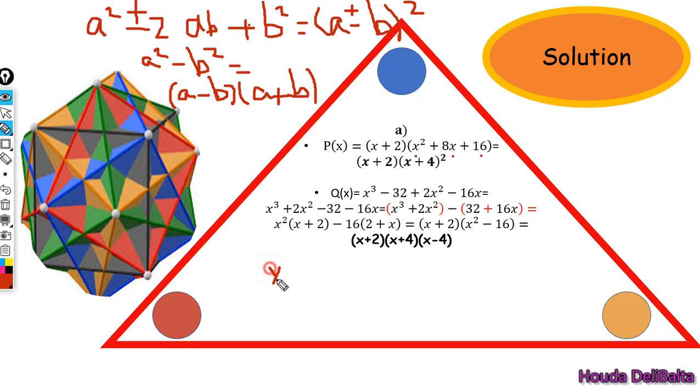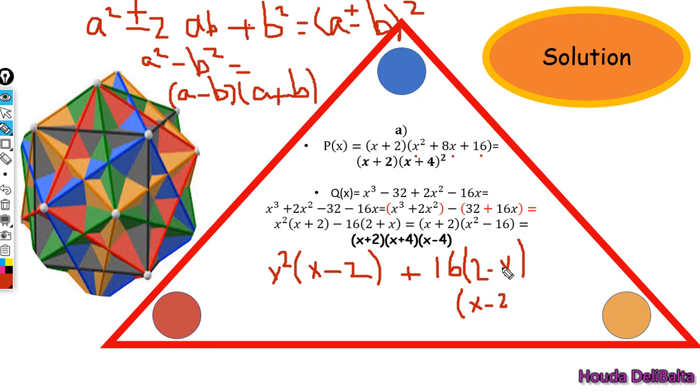Now let me tell you a note. If we have, for example, x²(x − 2) plus 16(2 − x), to take (x − 2) as a common factor, we have to reverse this one. We have to write it as (x − 2), because there is a minus in between the terms 2 and x.